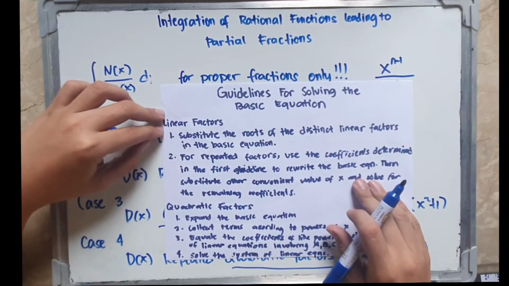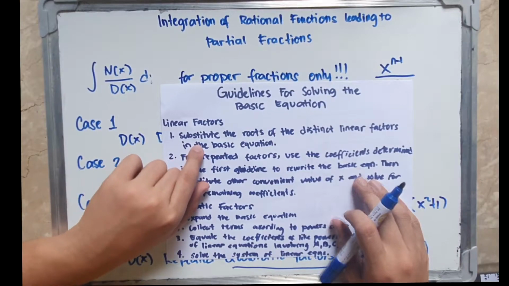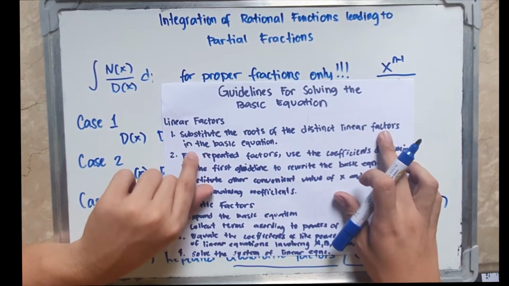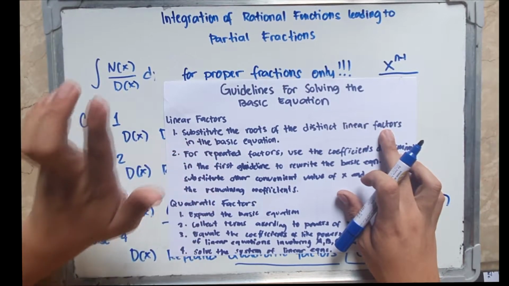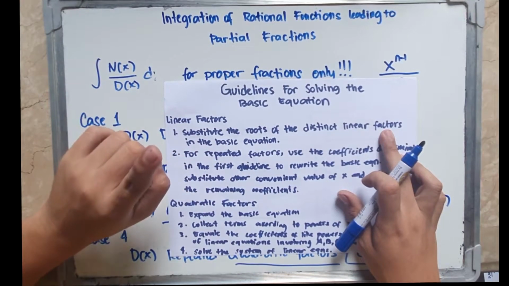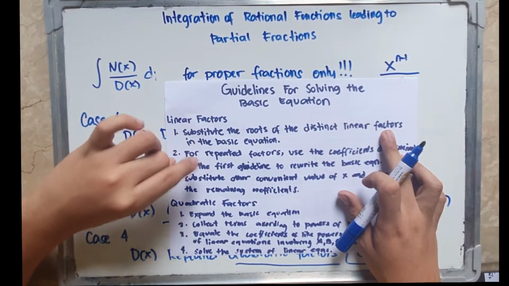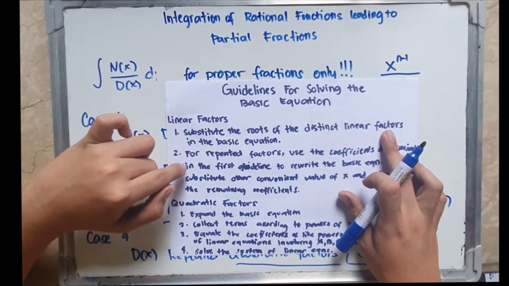For the linear factors, substitute the roots of the distinct linear factors in the basic equation. We could use our calculator to find the roots, or the values of x, based on our linear equations.